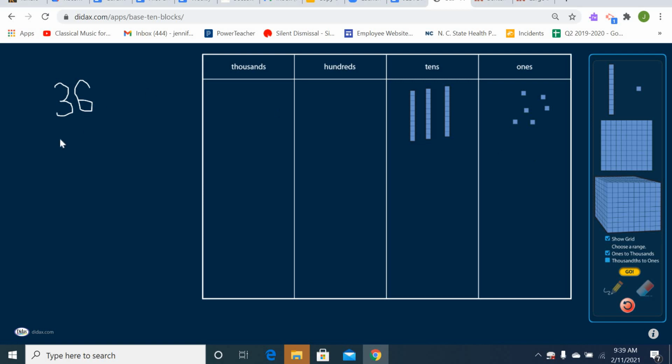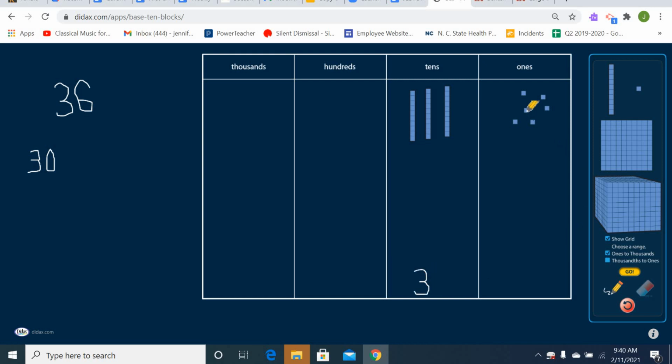When I look at the number 36, I need to know what my value of 3 is. And my value of 3 is 10, 20, 30. So I'm going to write 30 right here because I know that my value of 3 is 30. I can also come over here and put a 3 in my tens place.